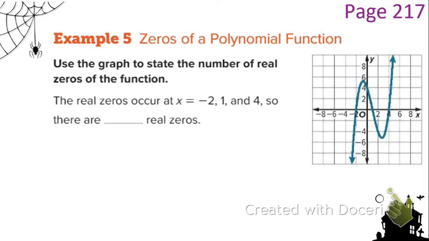Solutions, roots, one more. X-intercepts. When you're looking at a graph, your x-intercepts will determine how many zeros you have, how many real zeros. So a real 0 is determined by your x-intercepts.